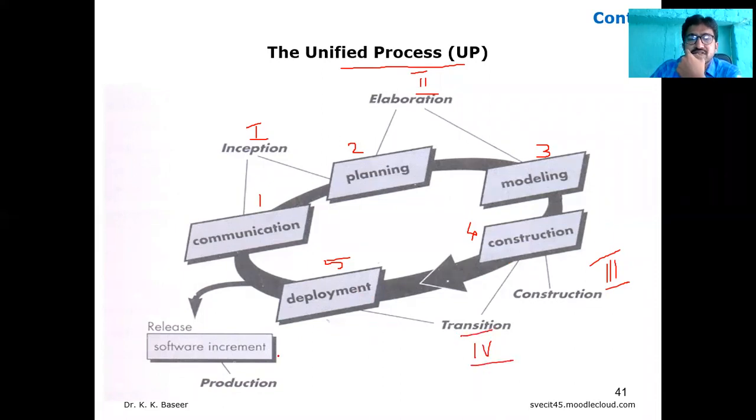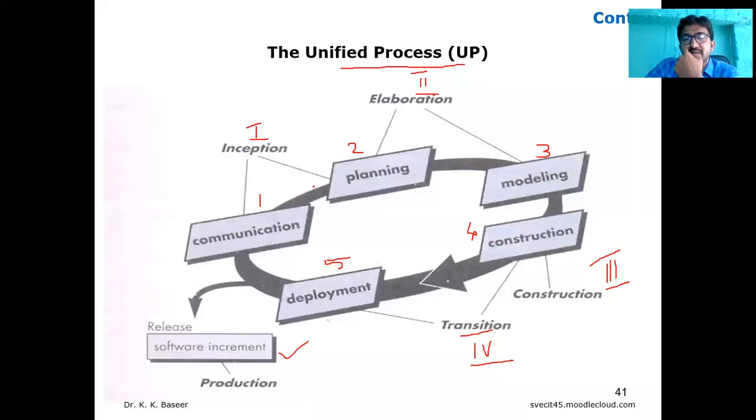The outcome gives one release called a software increment, because it is an iterative process. For each iteration, it releases a small product called an increment. If the customer is not satisfied and changes are needed, we go for the second iteration.